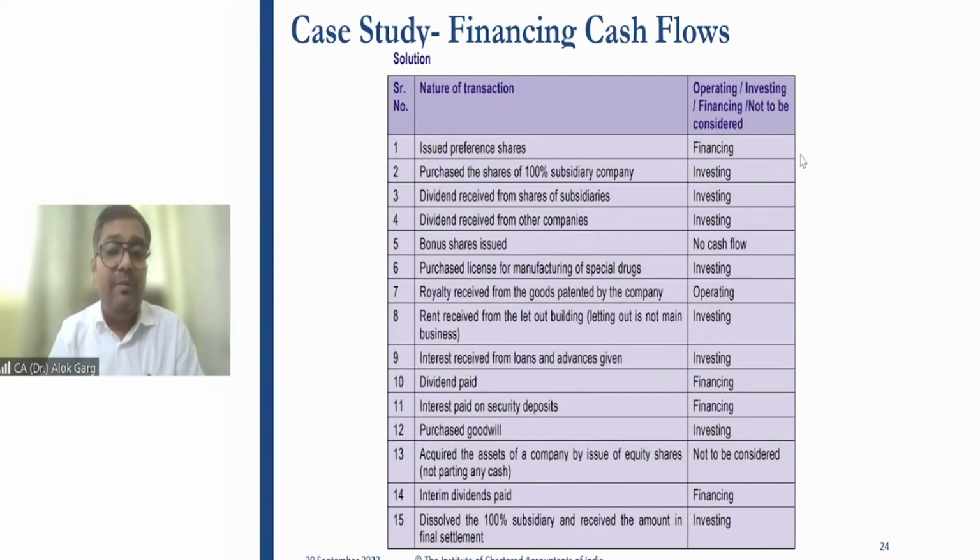So there could be a situation where an electricity company paying only, let's say, 2% or 3%, it can be shown as operating. But if they are paying 7%, 8%, it is more like a market rate of interest. It has to be shown as financing, right? But from the examination perspective, if it is an interest-bearing security deposit, you can say that it is a financing activity, right?